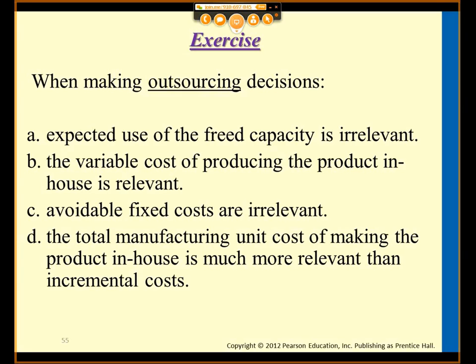A, B, C, D. Okay, so B or D? So when making outsourcing decisions, the variable cost of producing the product in-house is relevant, right? We just calculated that.